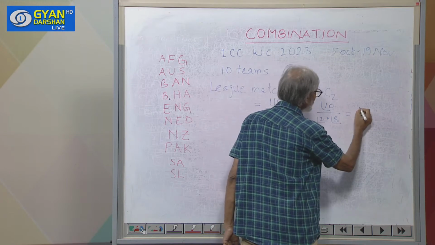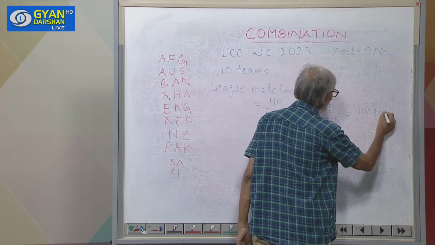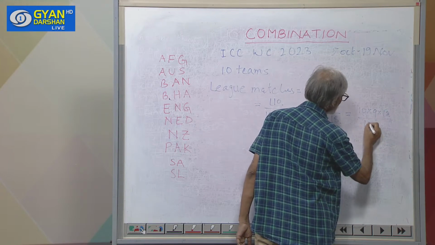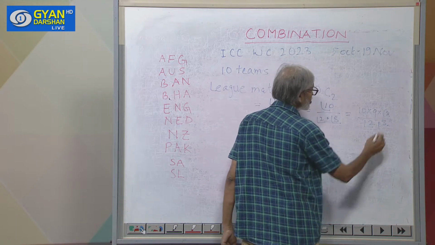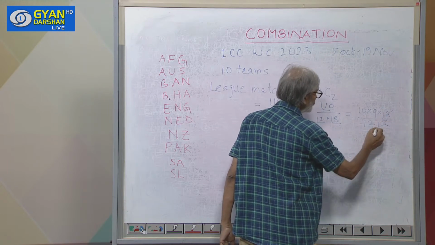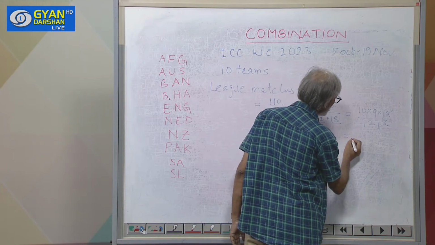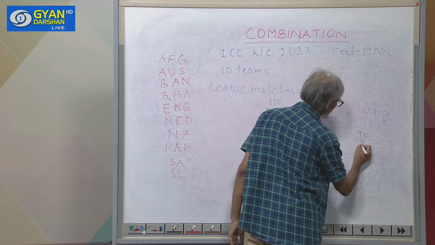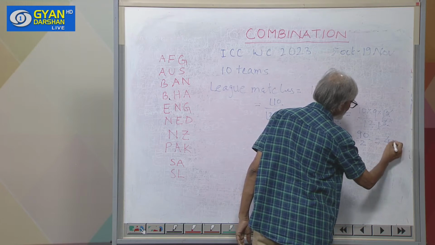So, this will be equal to 10 into 9, and then we can write factorial 8 here, factorial 2 into factorial 8. So, this factorial 8 will be cancelled out, and this will be equal to 90 divided by 2, which is equal to 45.